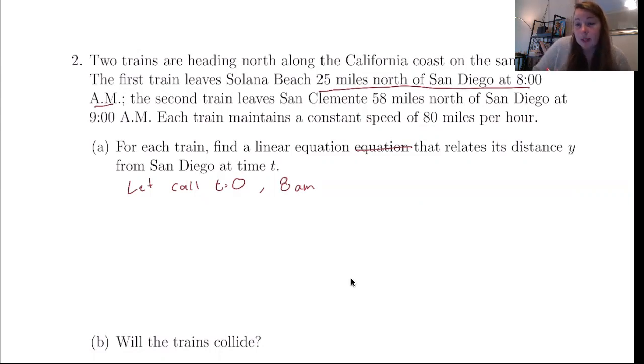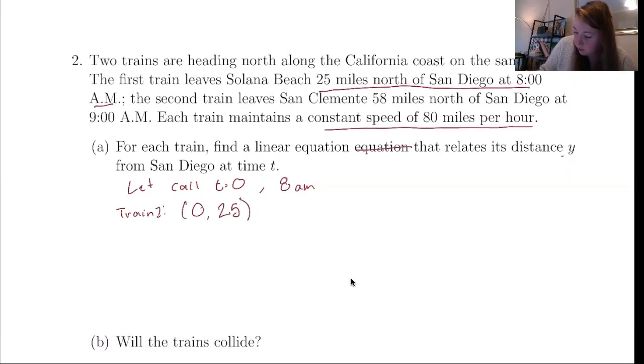Okay, so the same premise. Okay, so train 1, I'm told at 8 a.m., so that's at time 0, it's 25 miles north of San Diego. So y is the distance from San Diego. So that would be 0, 25. Great. So that's train 1.